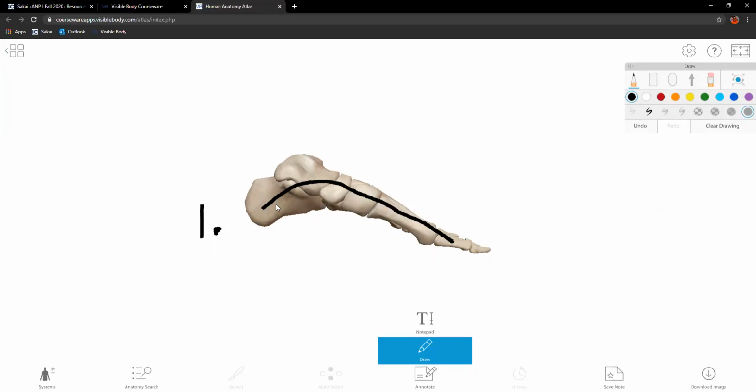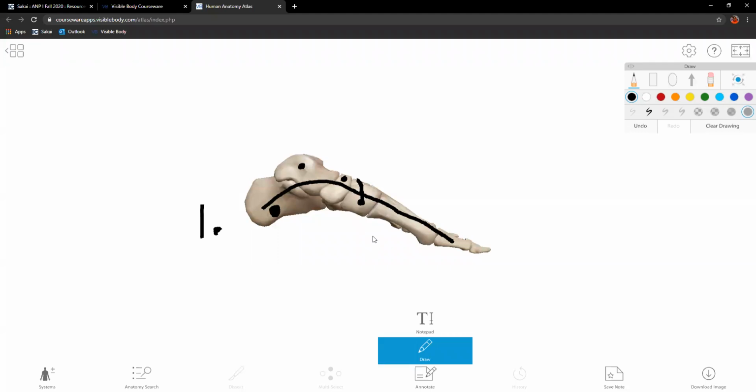All right, so this arch is going to be your medial longitudinal arch, which will be made up of your calcaneus, which is this guy back here, your talus, which is this guy sitting on top, your navicular, which is this one, and then your cuneiforms, which would run along this way, but we can only see this guy right here, which is your medial cuneiform.